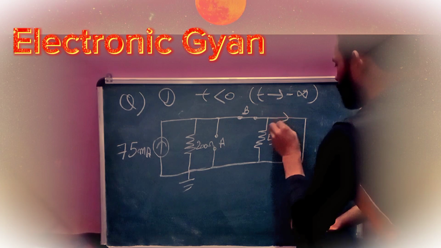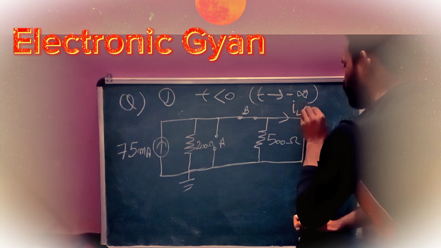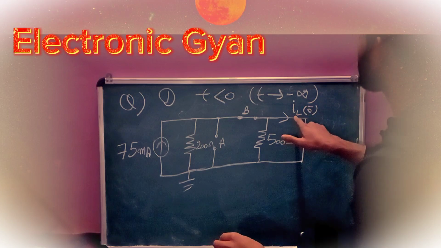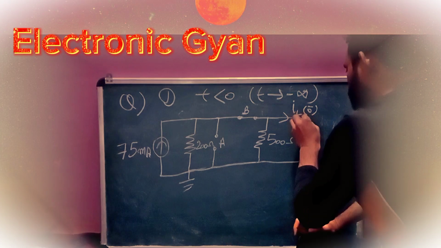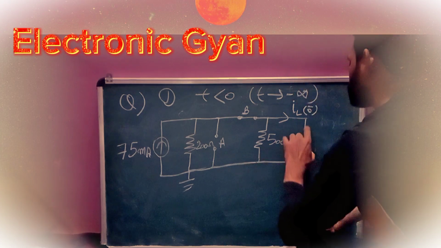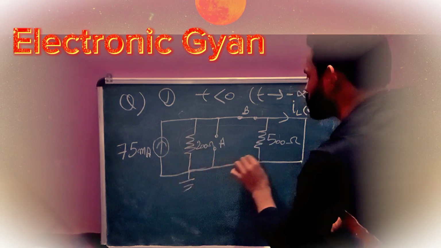Therefore I will calculate this inductor current for t less than 0 for a long time, that means IL of 0 negative. If you see here, this inductor is shorted, so both resistances will get eliminated.